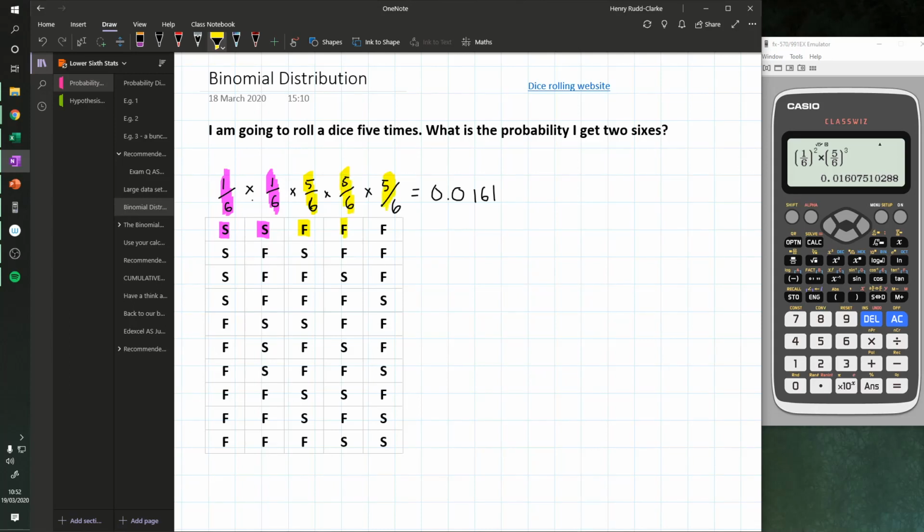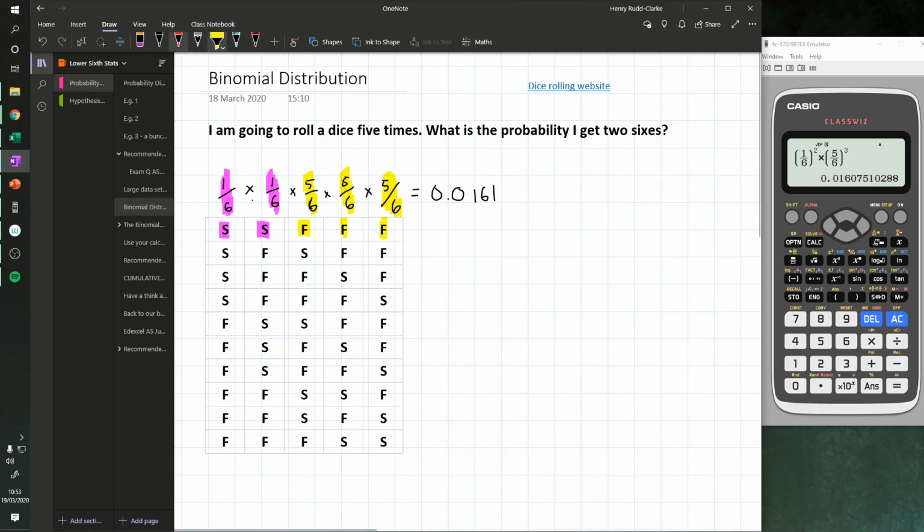You can see this is the same as what I've got in the first row. S being 6, or success, is what I was thinking of when I wrote this, and F being failure. Success would be getting a 6, failure would be getting anything else, which is 5 out of 6 probability. So there are 1, 2, 3, 4, 5, 6, 7, 8, 9, 10 ways that this can happen.